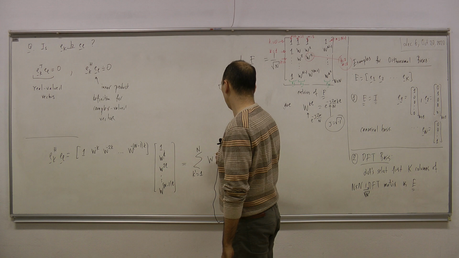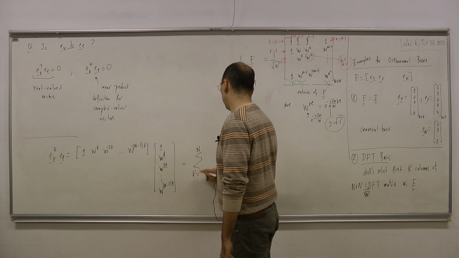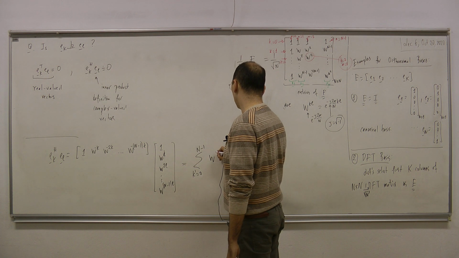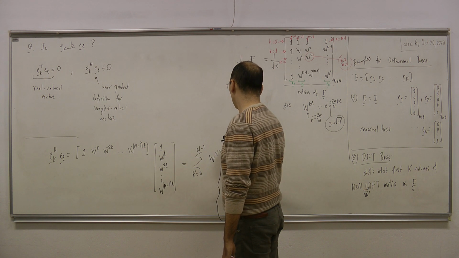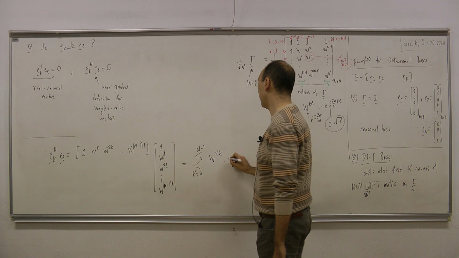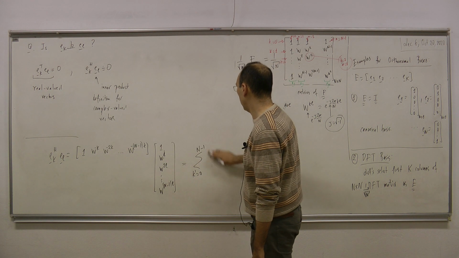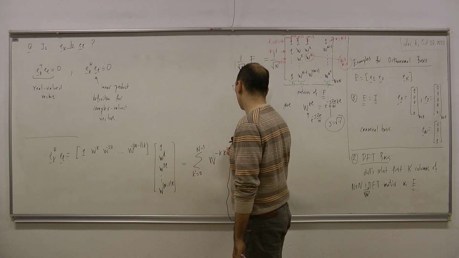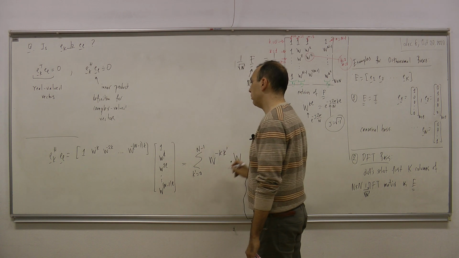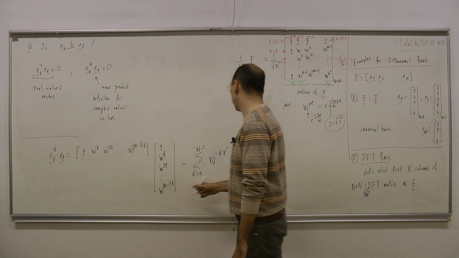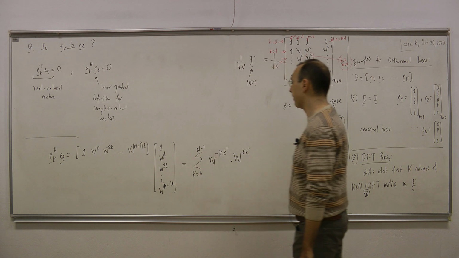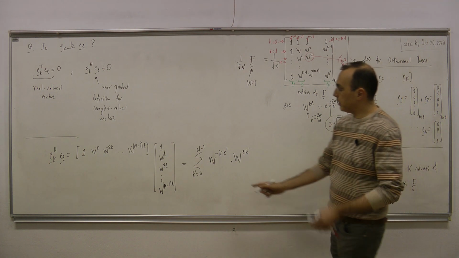Let me start from 0 to n minus 1. W^(k prime k) times, there is a minus sign, let me write bigger, W^(-k prime k) times W^(l k prime). Again, a sanity check.